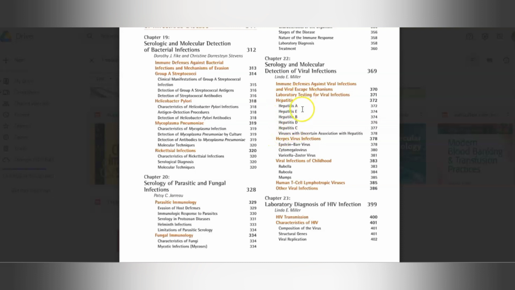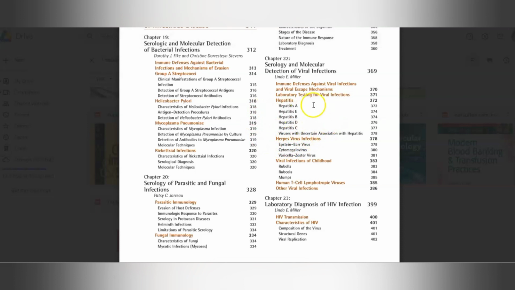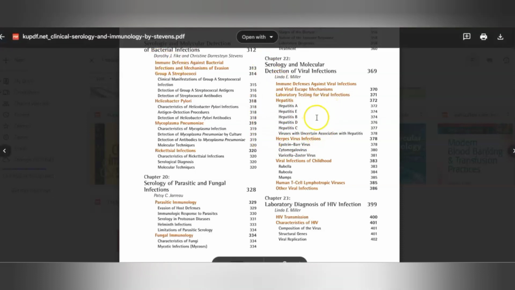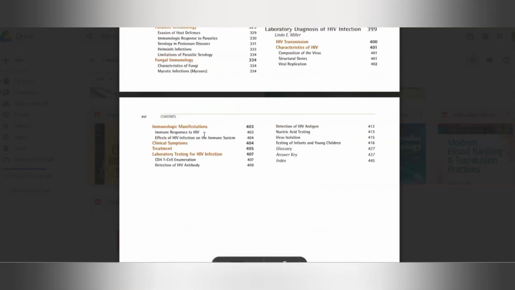We have other hepatitis such as hepatitis A, E, D, and C. It will explain all that, the relationship between Mycoplasma pneumoniae, tuberculosis, H. pylori, the serological parasitic and fungal infections, the mycoses. All of them can be explained in this book.